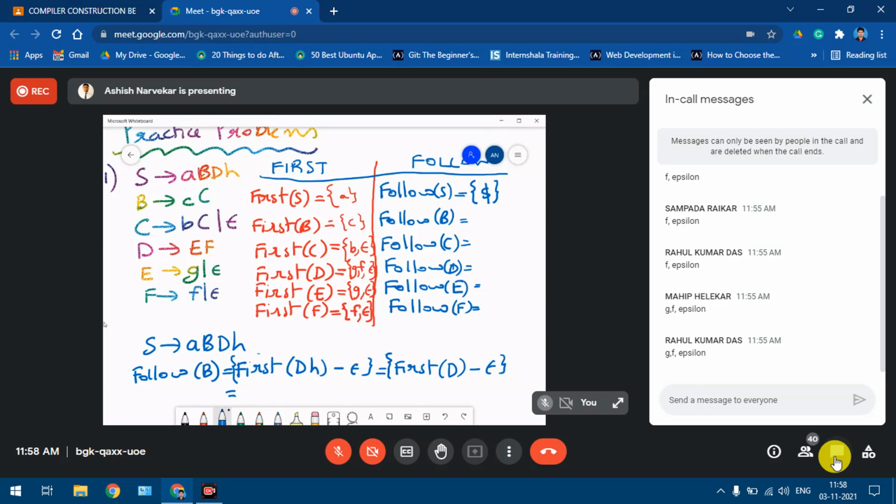So it will contain G, F. Now since it contains G, F and epsilon, we got G, F. At the same time what we have to do here is ignore that particular epsilon. Ignore the epsilon that we have in the first set.